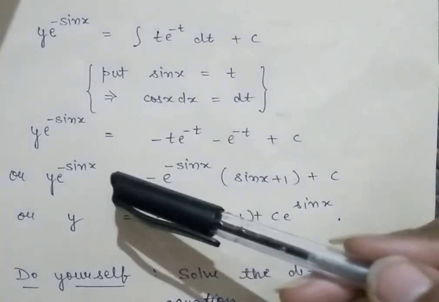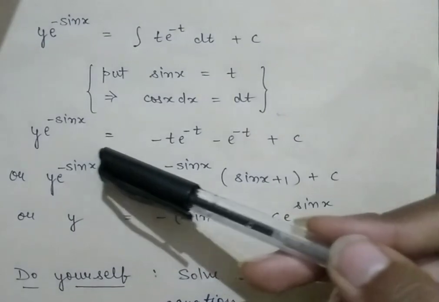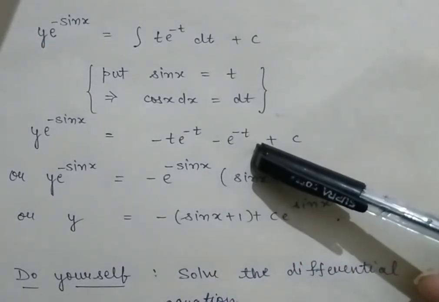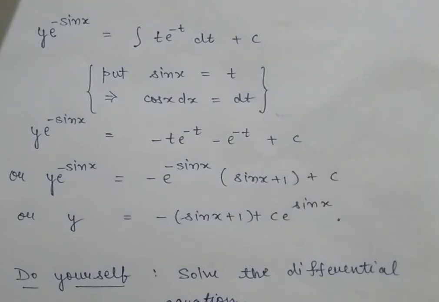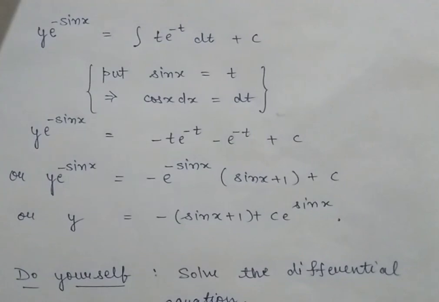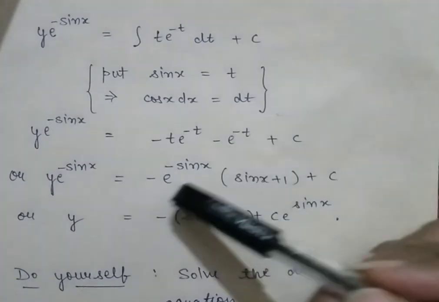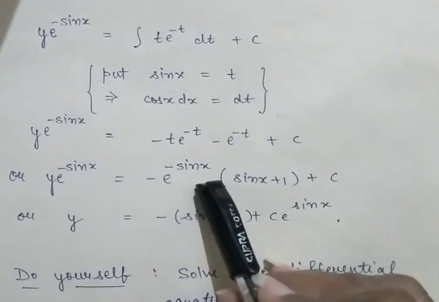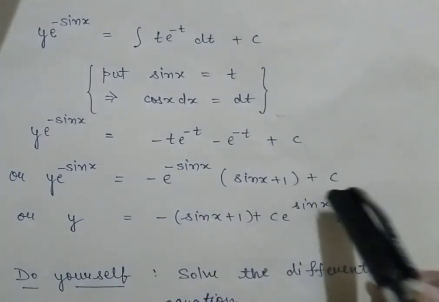So this is y e raised to the power minus sin x equal to minus t e raised to the power minus t minus e raised to the power minus t plus c, or y e raised to the power minus sin x equals minus, in place of t I will write sin x, and I will take e raised to the power minus sin x common, so this is minus e raised to the power minus sin x times sin x plus 1 plus c.